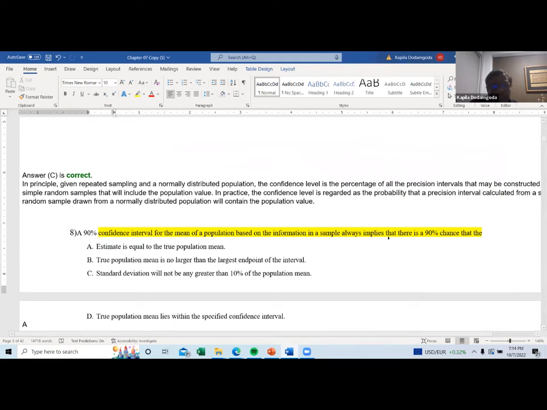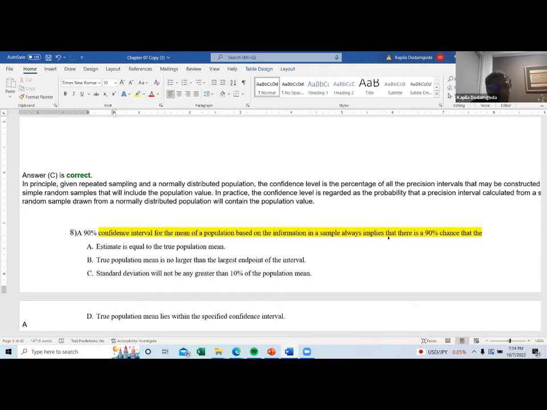What do you mean by a 90% confidence interval for the mean of the population? When you say 90% confidence interval, so that means what? Is that C?